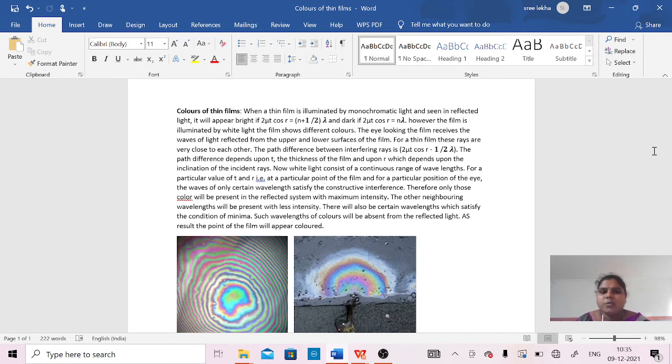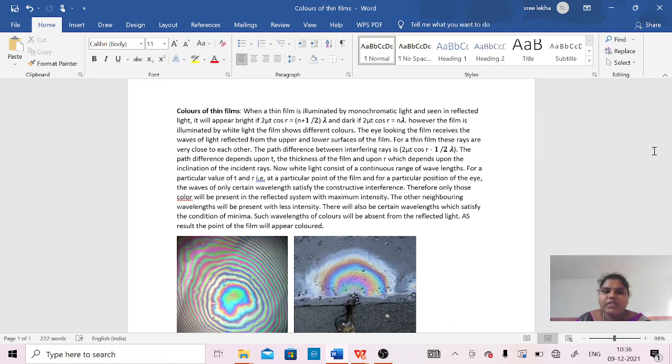When it is illuminated by white light, we see different colors, the VIBGYOR colors. Now how the variation is received by our eye depends on a particular position, R and T.